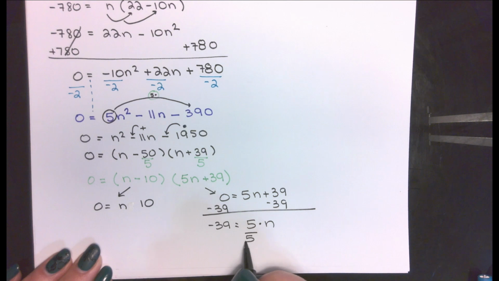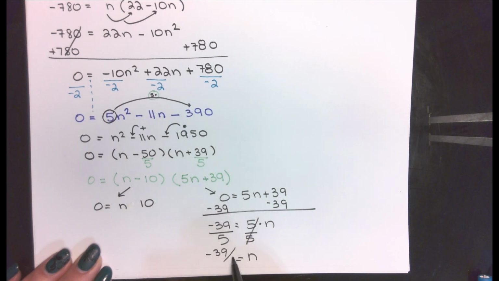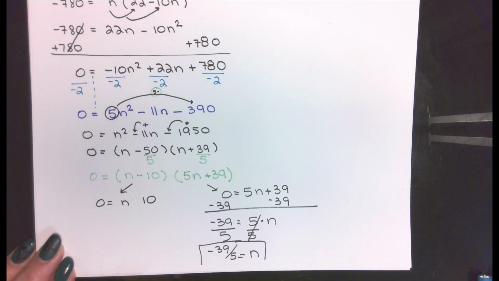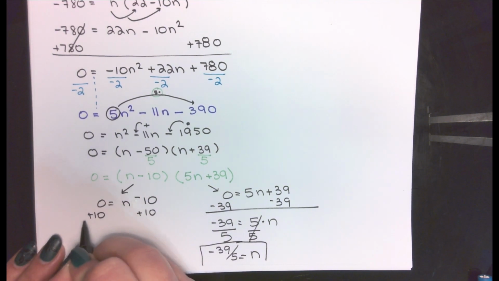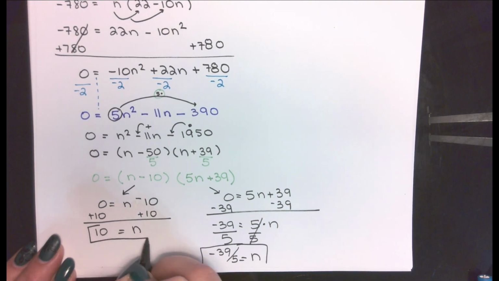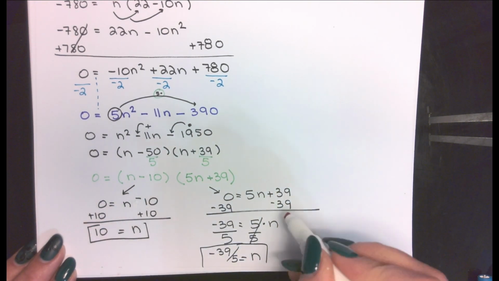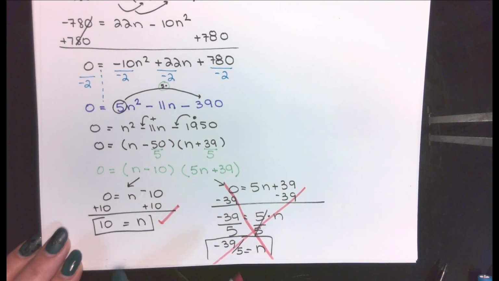No. If you are already comfortable saying this will not be an answer, I'm okay if you skip this step and just eliminate that and say, hey, this is not going to be your answer. That's fine. What I'm more concerned about is the actual answer. This is minus, so we're going to add 10. I don't want you skipping steps when you're not ready for skipping steps. This one, again, is not a whole number, not positive. So the only answer is 10.